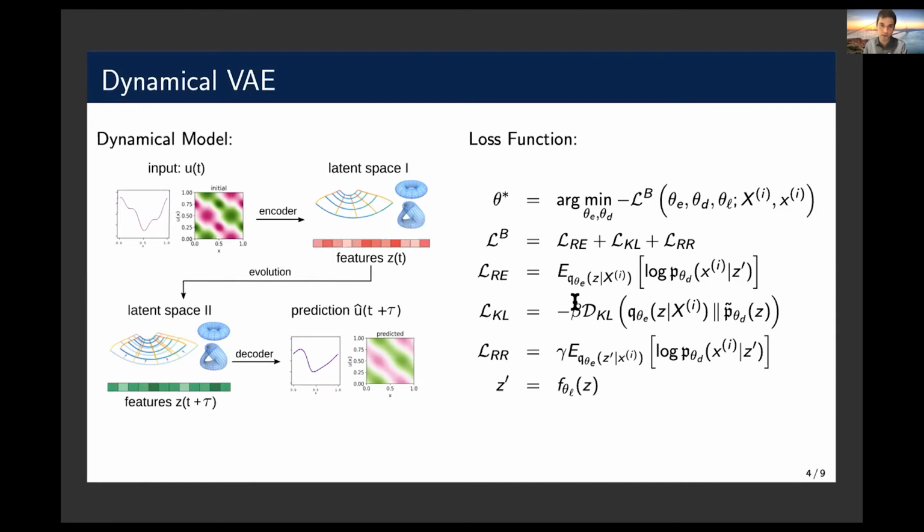And this term has been found in the VAE paper to promote disentangled latent variables. And the third term here also has a coefficient gamma out in front, which you can alter to determine how important this term is.